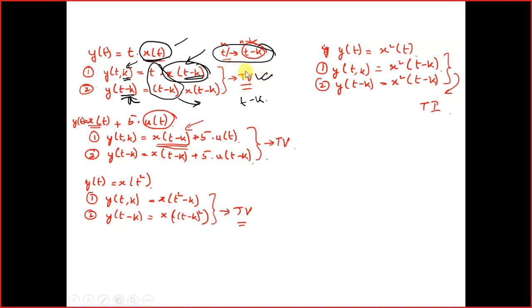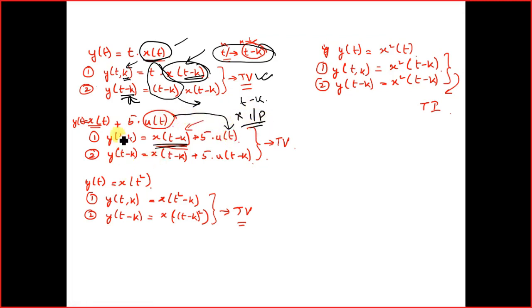Similarly, if we take another system, y(t) equals x(t) plus 5 u(t), now we are delaying the input, so in the delaying of the input, we get t minus k. The u(t) term is not changed because it is not an input, hence it remains as it is.